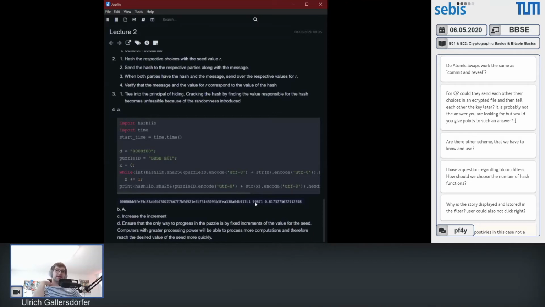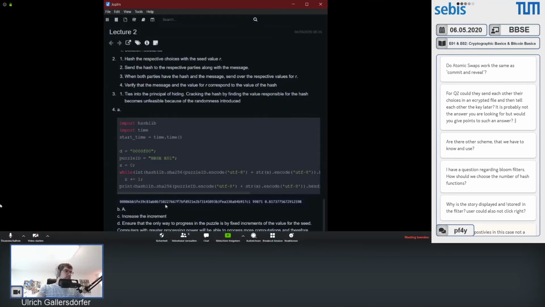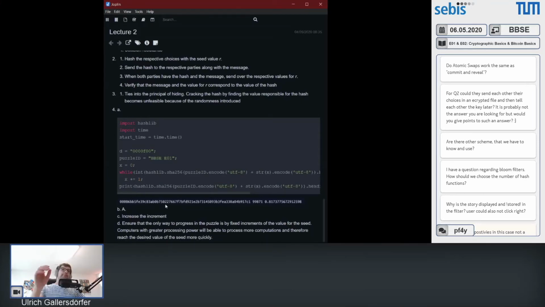That's interesting because I found another number. The hash you can see is... Yeah, so that's definitely a correct solution.